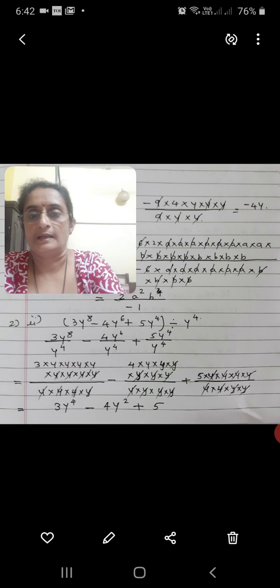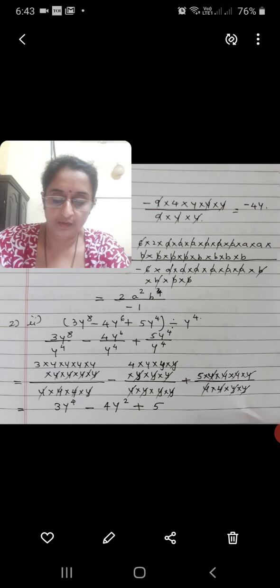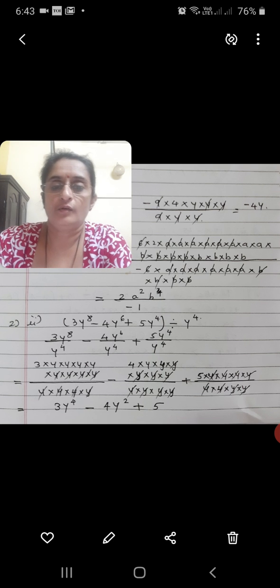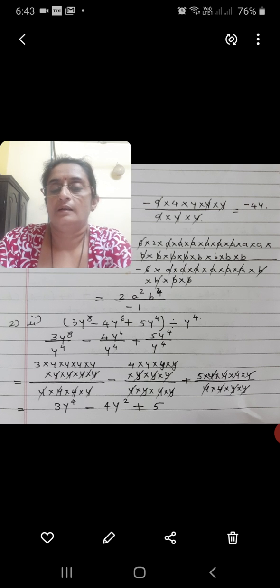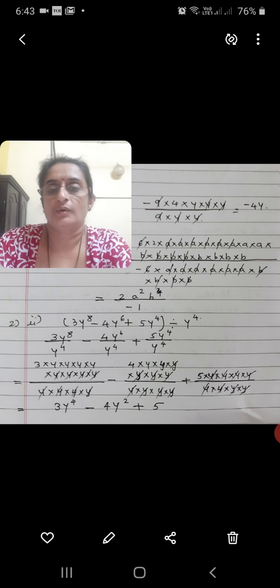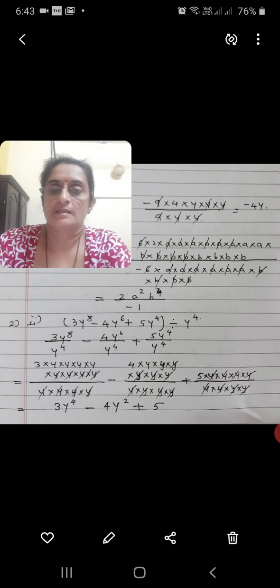Now let us go to the next question, that is the second question. Here we are going to take some common things out in the bracket and then do it. Now 3y raised to 8 minus 4y raised to 6 plus 5y raised to 4, the whole bracket, the whole term is divided by y raised to 4.